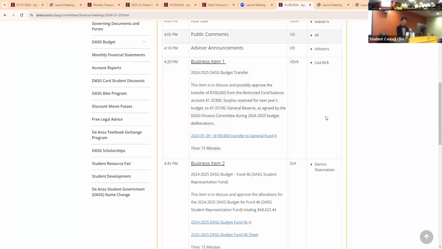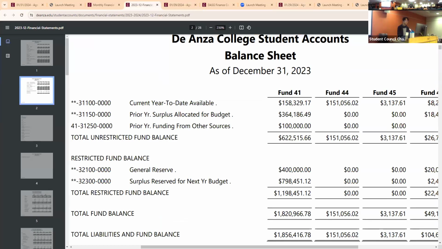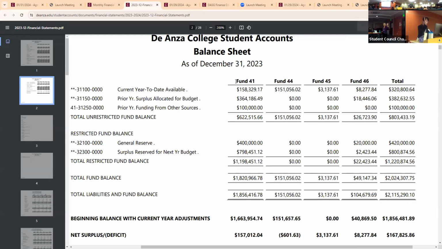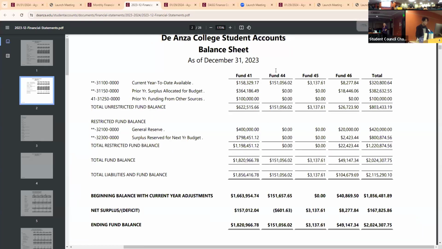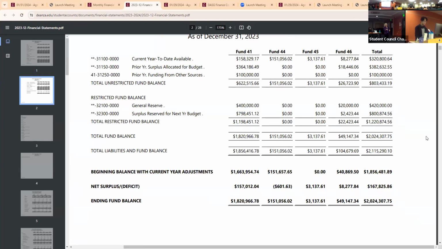So, Lisa, can you put up the... Yes. Okay, so who was here on the last day of the budget deliberation? Remember at the very end, we talked about the $100,000 going from this restricted fund balance account, surplus reserve for next year budget, and moving it up to the general reserve account. So basically, that's what it's doing.